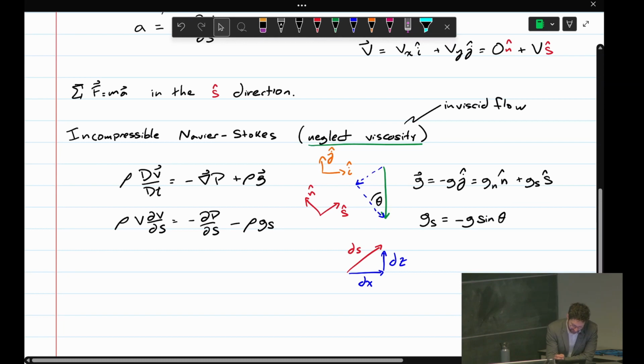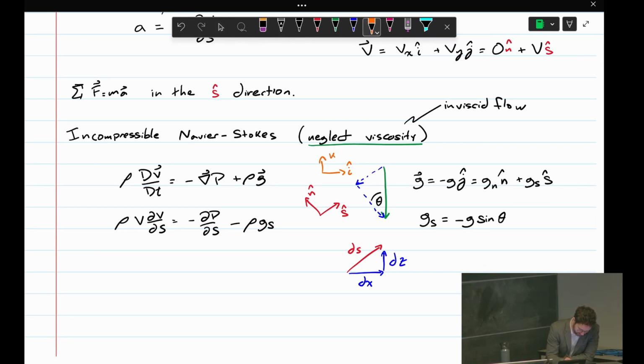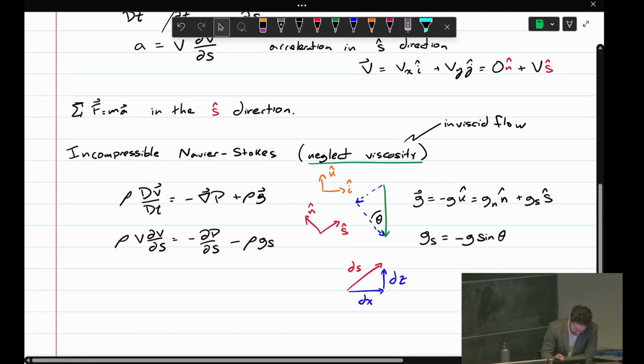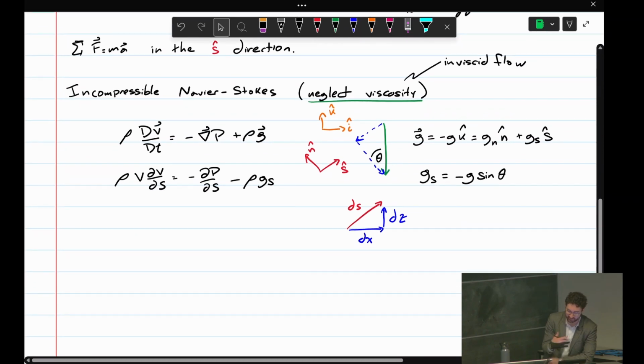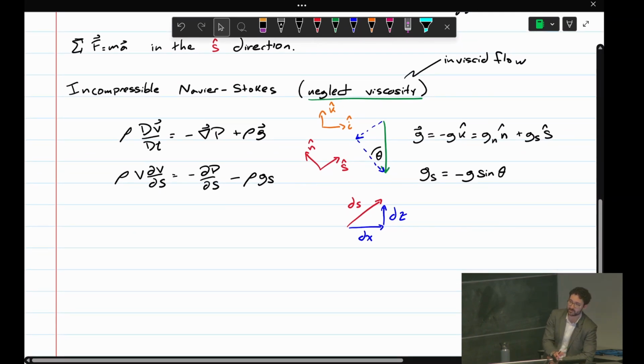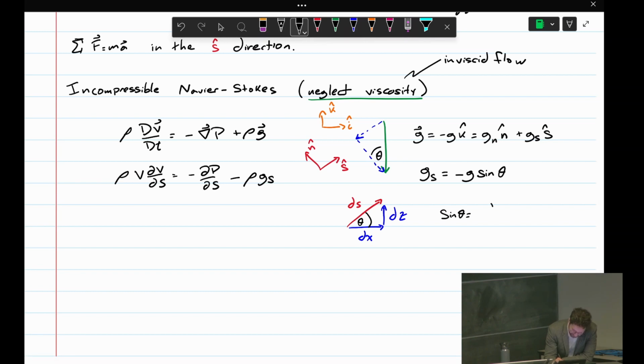So this j hat should probably be k hat, just to be strict. We're going to call the vertical k hat. It doesn't matter. This is just because the convention for Bernoulli's equation is to call height z and not y. Okay, so then the theta angle will be here. This tells us that sine theta is dz over ds based on the geometry.